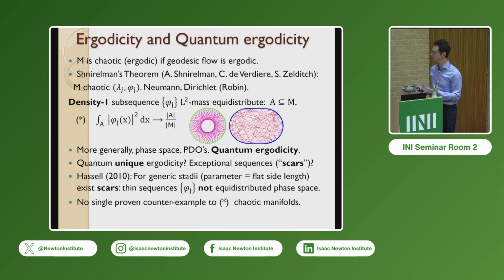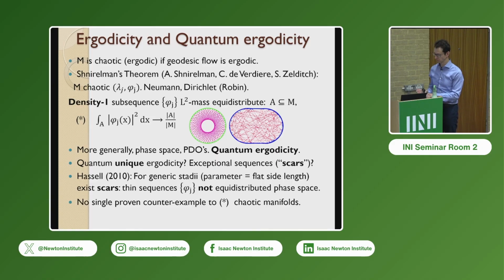And the outstanding question here is that of quantum unique ergodicity. Quantum unique ergodicity is the property that there are no exceptional sequences, and this convergence is true for the full sequence without exceptions. The exceptional sequences are called scars. And Hassell proved that they exist for a typical stadium, a one-parameter family which is parameterized by the flat side of the stadium.